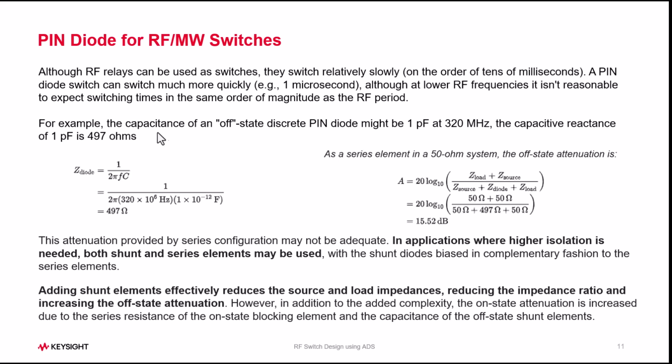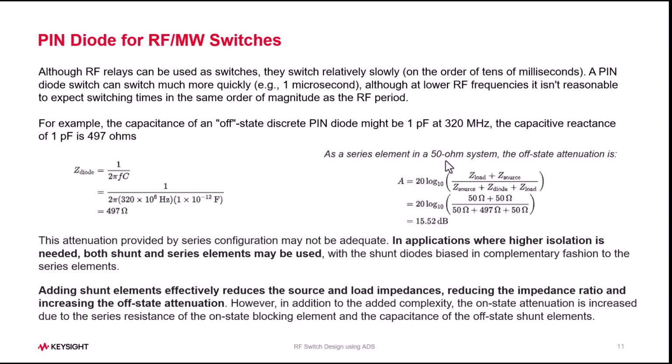Now in terms of simple calculation, here is an example. Let's assume the capacitance in off state of a PIN diode could be, let's say, 1 picofarad at a certain frequency. For that frequency you can compute the capacitive reactance offered by the diode, and let's say in this example it is 497 ohm.